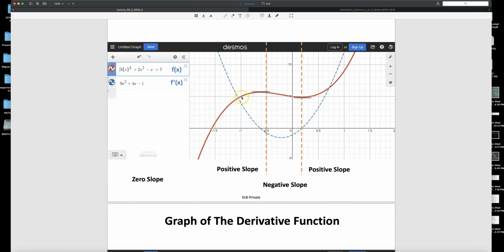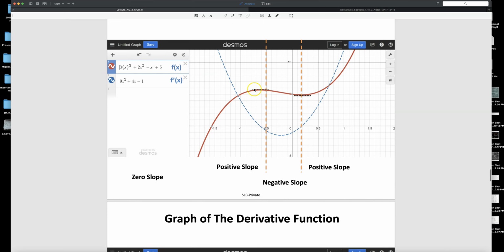Here, the function is still increasing, so the derivative is still positive, but you see that there is a point in which the derivative is equal to 0. What happened with the original function? At that particular point, if you look around that point, the function is almost constant. You see that the tangent line is horizontal. What is the meaning of that? That the slope is 0.